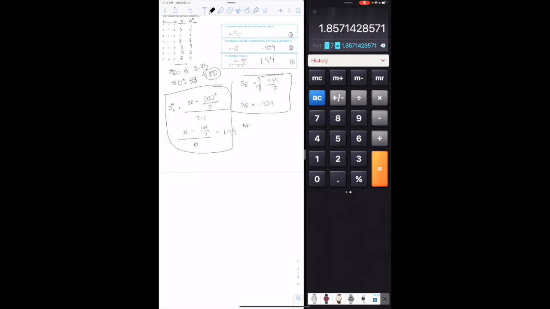Okay, so T obtained equals 1.857 divided by 0.454, or plus or minus 4.068.